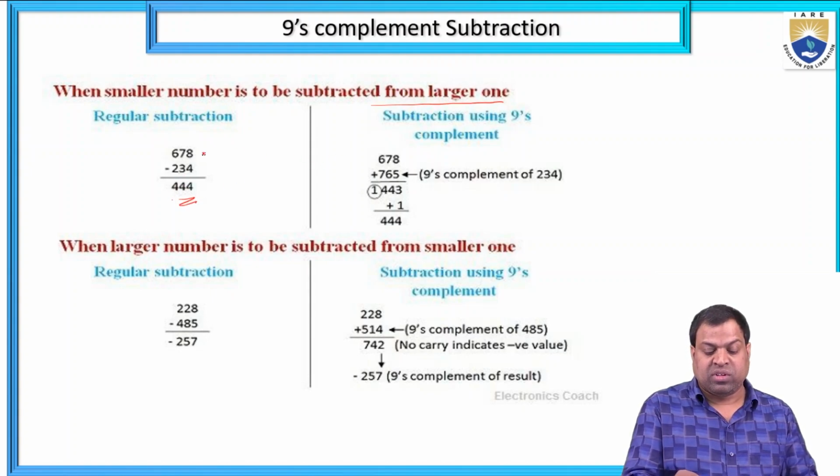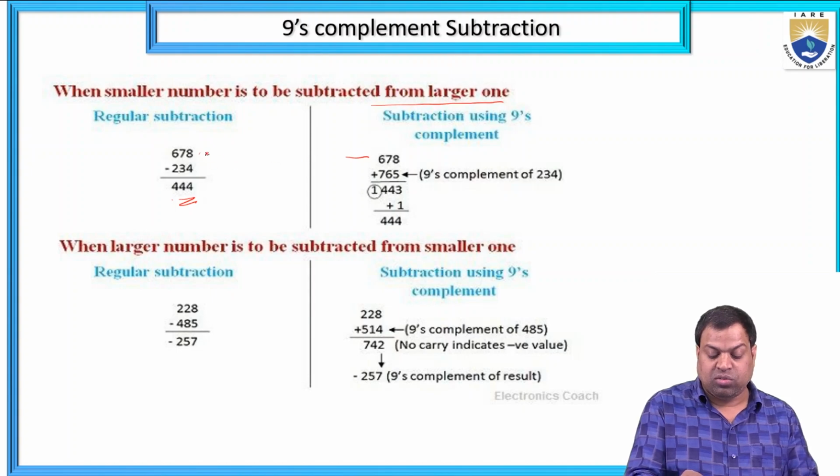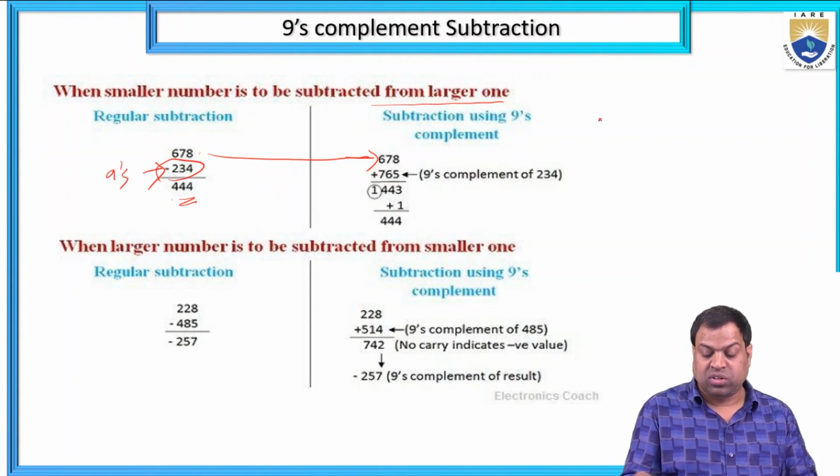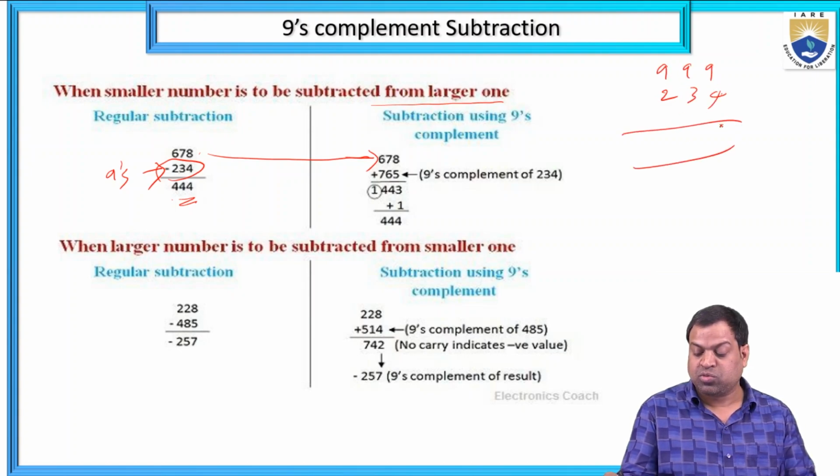Here 678 stays as it is. Now the 9's complement of 234. What is the value? 999 minus 234. 9 minus 4, 5. 9 minus 3, 6. 9 minus 2, 7. So I am taking 765.